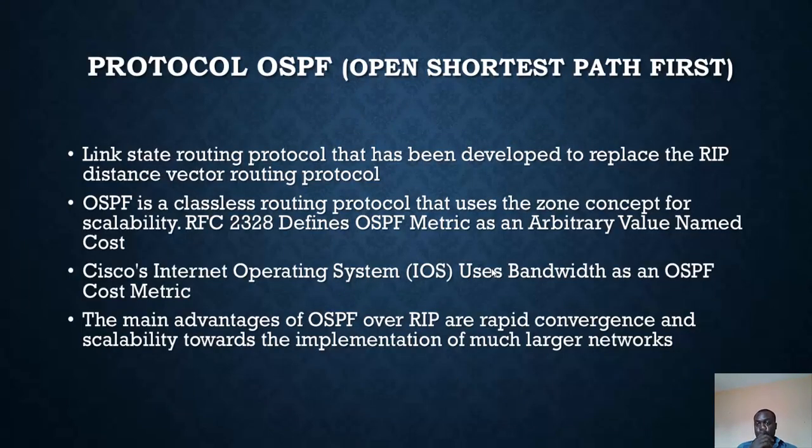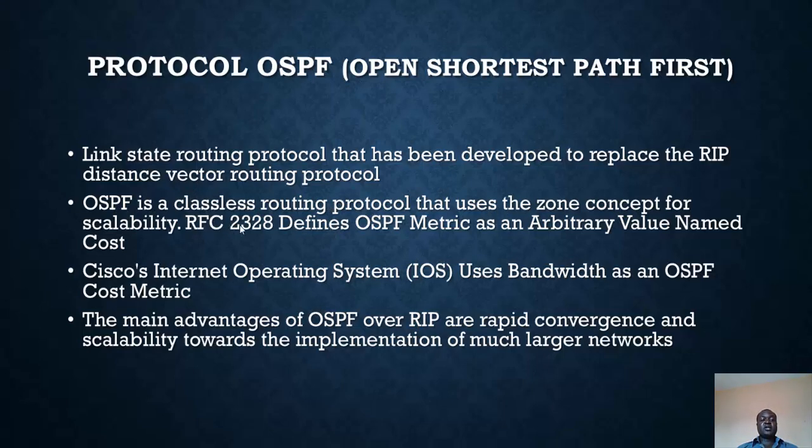The Open Shortest Path First protocol. It is a link state routing protocol that has been developed to replace the Routing Information Protocol, a distance vector protocol. Open Shortest Path First is a classless routing protocol that uses the area concept for scalability.